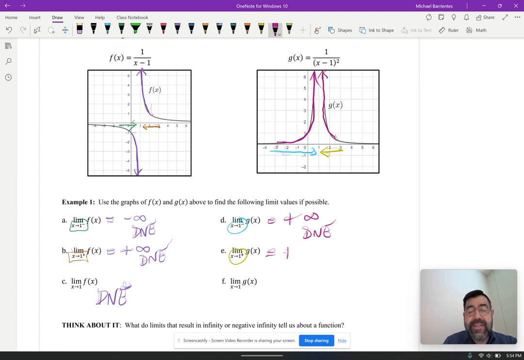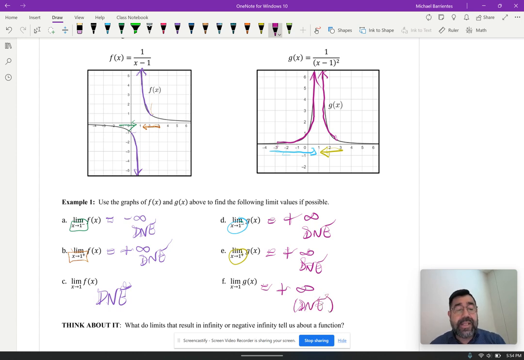So I could say this is approaching positive infinity, which means it does not exist. But in this situation, because the left side and the right side are going towards the same place, and that's really infinity, we could say that this is positive infinity. But again, that means that the limit does not exist.